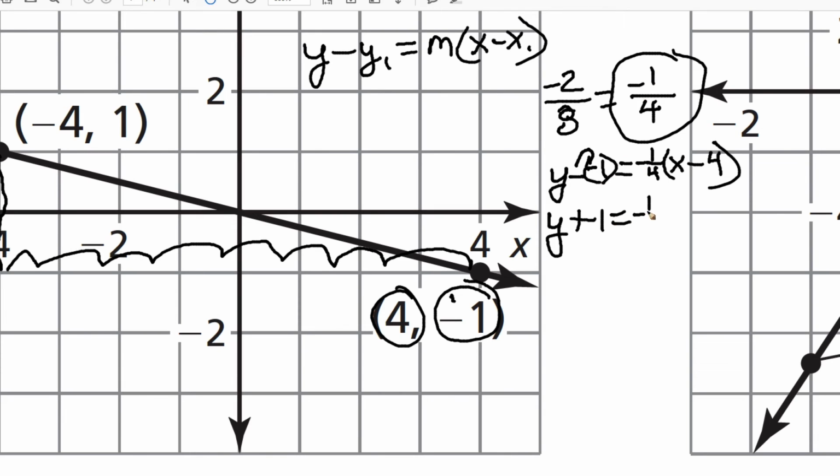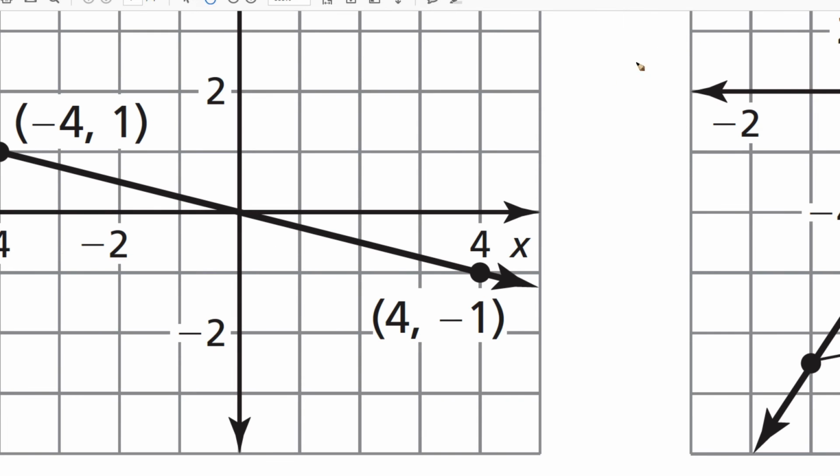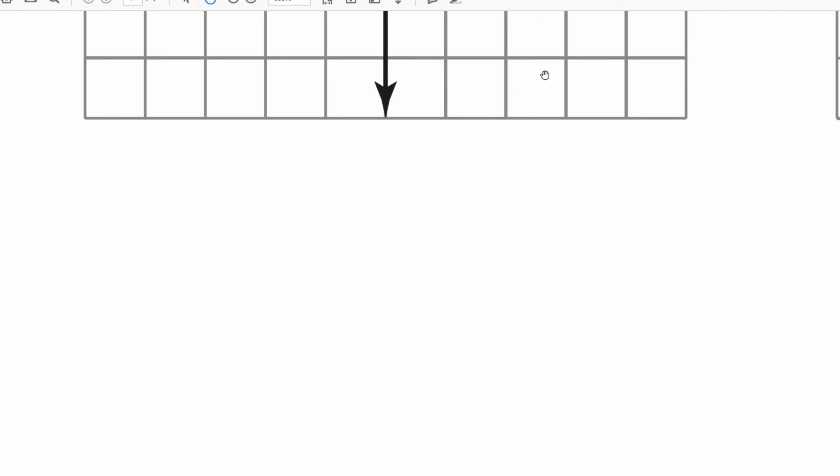Equals negative 1/4 x, and then negative 1/4 times 4 would be a positive 1. And then we just subtract 1 from both sides, and I have y equals negative 1/4 x, and that turns into a 0, so I don't need anything more. That's how you do this.